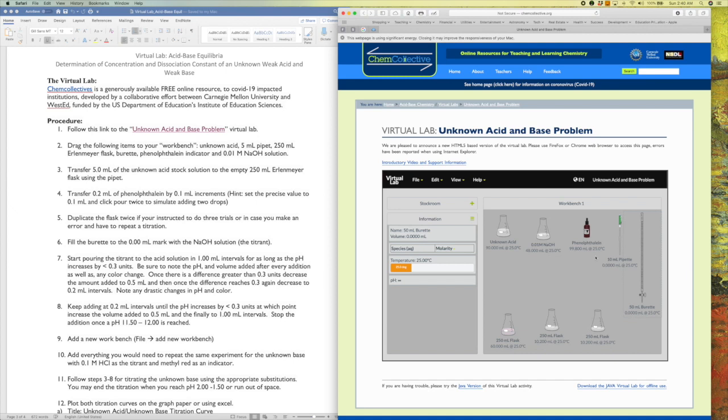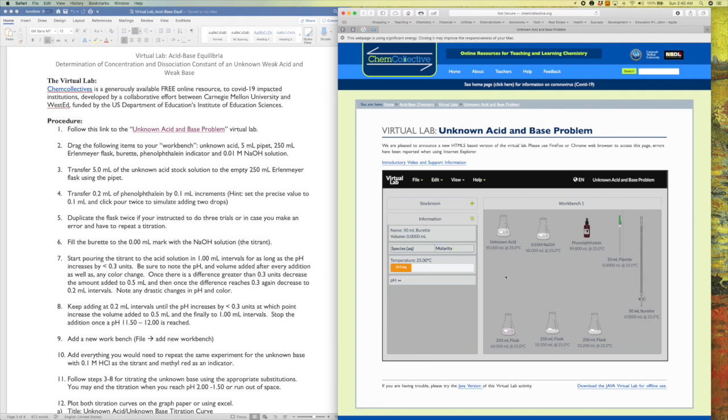And so you can refill this with what you have left here, or you can just take another flask from the stock room of the 0.01 molar sodium hydroxide. And you could do the titration again if you think that you can get better data, or if you missed some points for some reason, you can do it again.